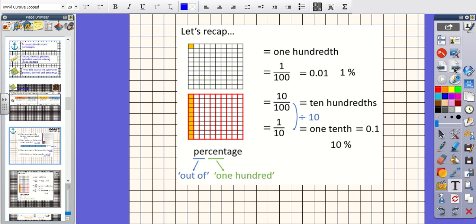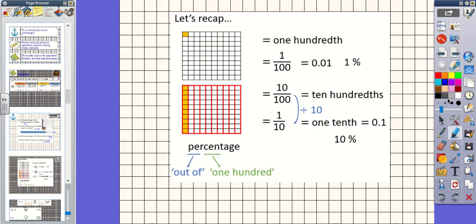So we can see on the screen that 1/100th of that 100 square has been shaded in. We can write that as a fraction, 1 over 100, which as a decimal is 0.01, which as a percentage is 1%. Okay, now here we have got 10 hundredths that are shaded in. So that would equal 10 over 100.